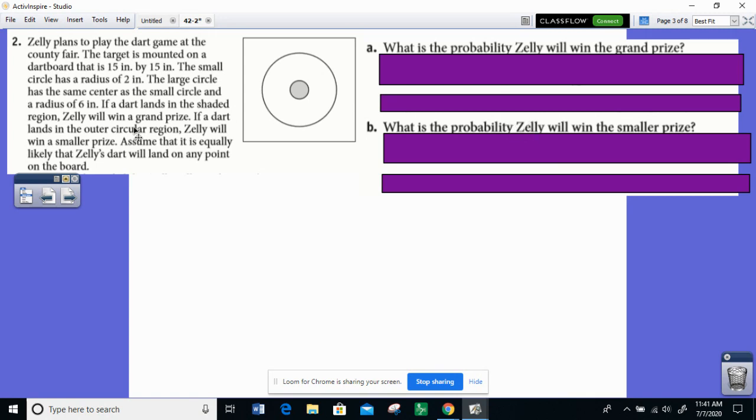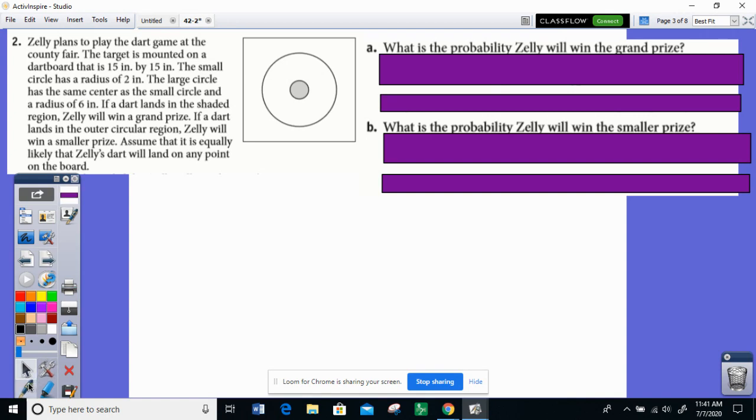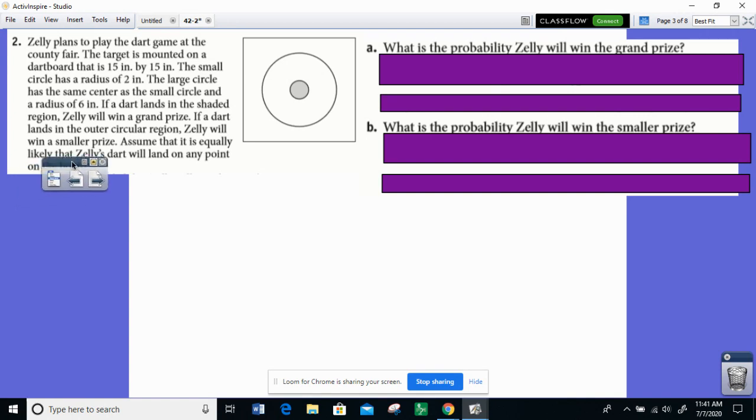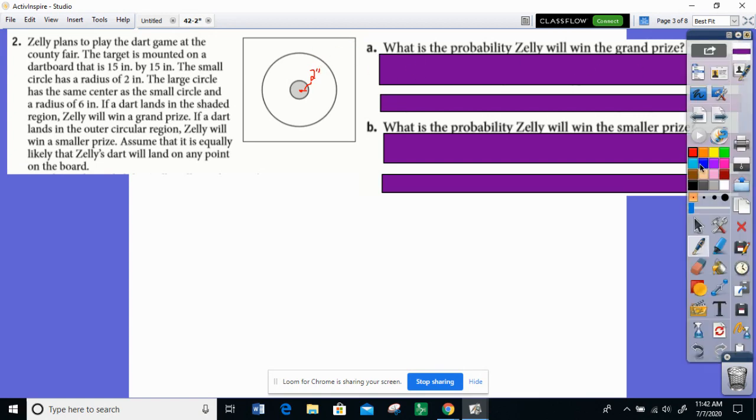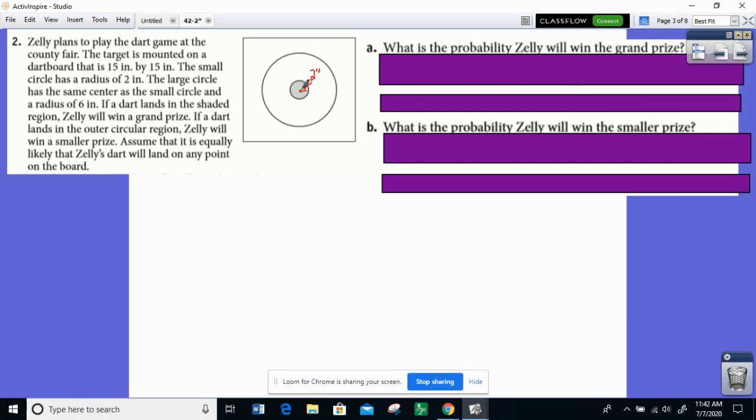Well, let's first label our picture that we have here. So they told us that this inner radius was 2 inches. And they also told us that the radius of the larger circle was 6 inches.